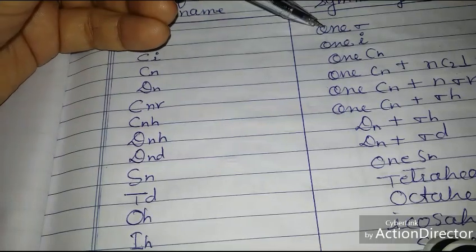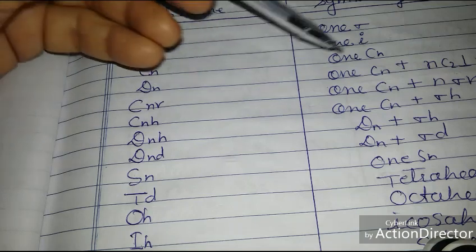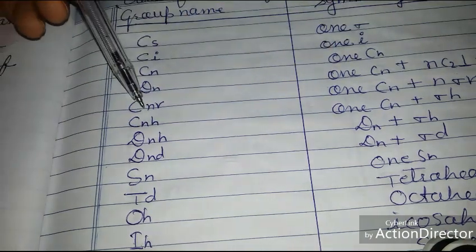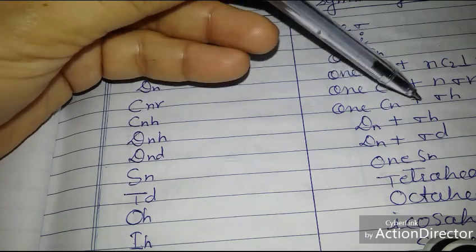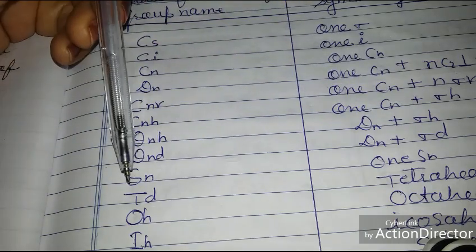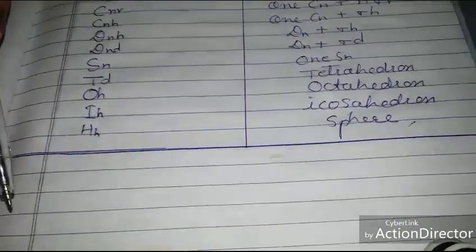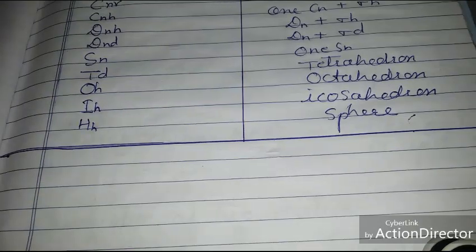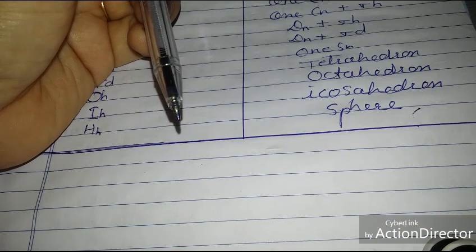CS symmetry element will be 1 sigma, CI 1 i, CN 1 CN, DN means 1 CN and n C2 perpendicular to CN, CNV means 1 CN and n sigma V, CNH means 1 CN and 1 sigma H, DNH means DN plus sigma H, SN 1 SN, TD tetrahedron, OH octahedral, IH icosahedral, and KH is for sphere. So this is all about the various molecular point groups and how to identify them. Now in my next video I will be explaining the matrix. Thank you.